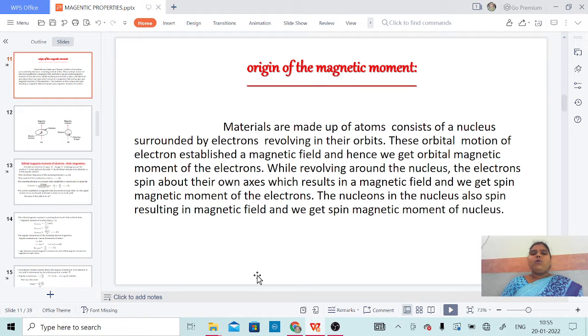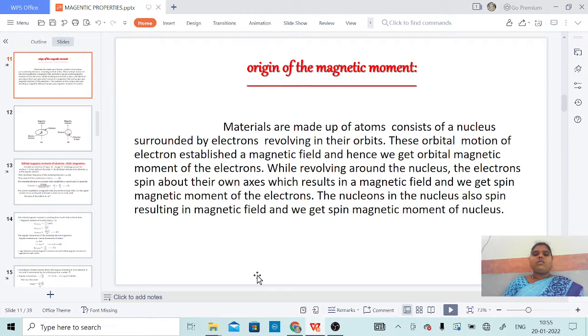And the nucleons in the nucleus also spin and give a magnetic field, resulting in a spin magnetic moment of nucleus. So all three combined give the origin of the magnetic moment.